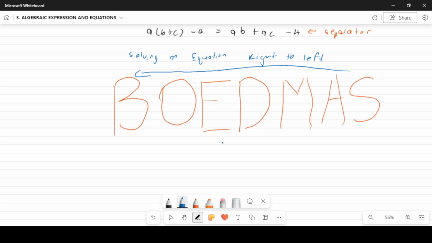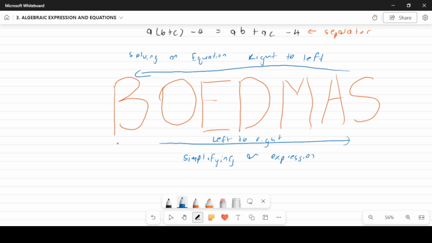However, when you are simplifying an expression, two things that we talk about a lot, solving and simplifying, simplifying an expression, you follow Bodmas from left to right.